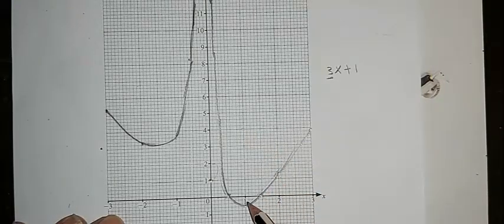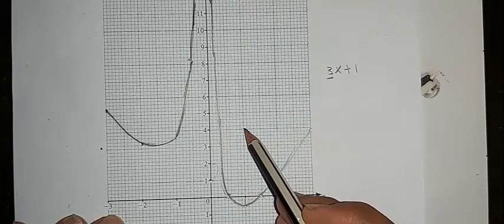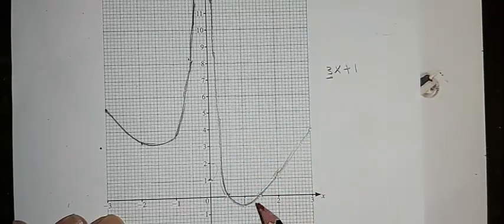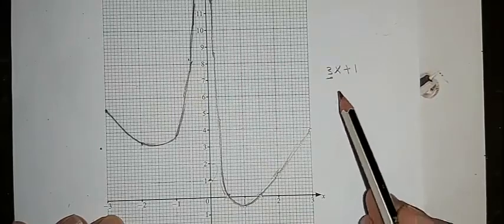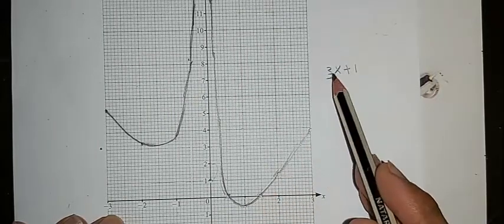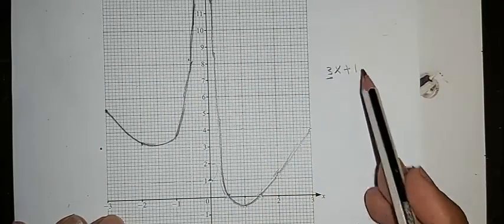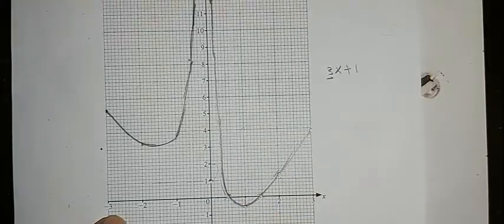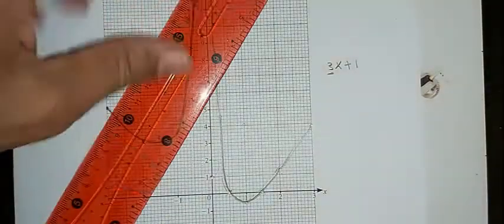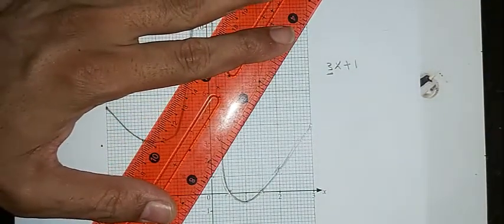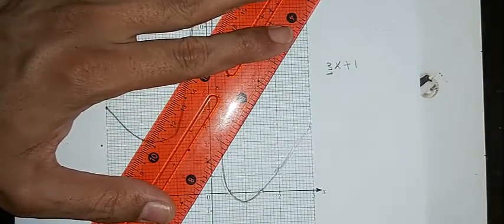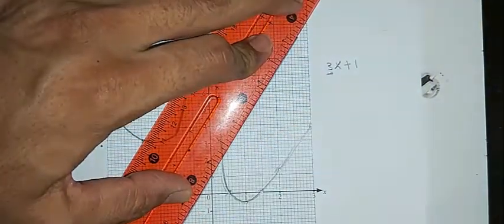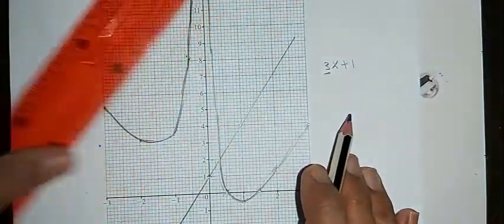The point 1 and 4. If we substitute the value of x by 1, 3 times 1 is 3, 3 plus 1 is 4, so this point 1 and 4 is correct, and we can connect these 2 points by a straight line like that, okay?